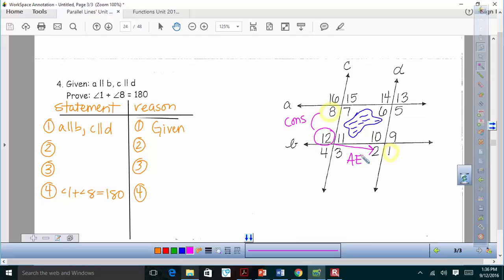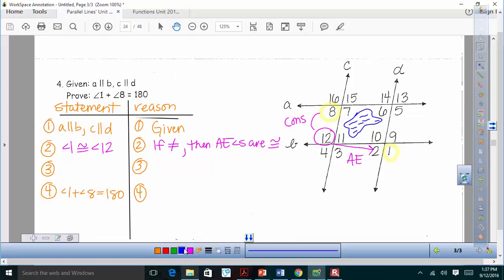So there will be a few supplementaries where there's only one way because there's only one consecutive angle. Okay? So again, I'm going to write my congruency statement first. So angle 1 is congruent to angle 12. And that's because if two parallel lines are cut by a transversal, then alternate exterior angles are congruent.